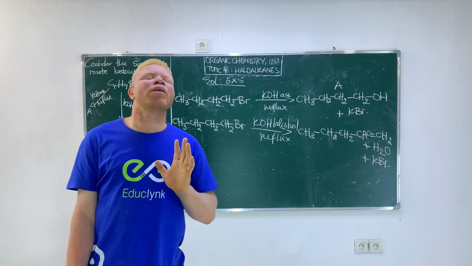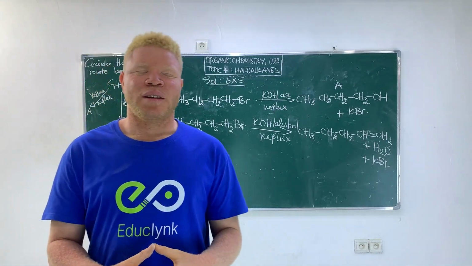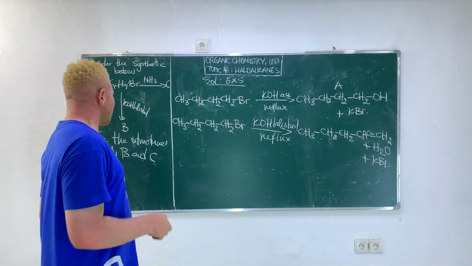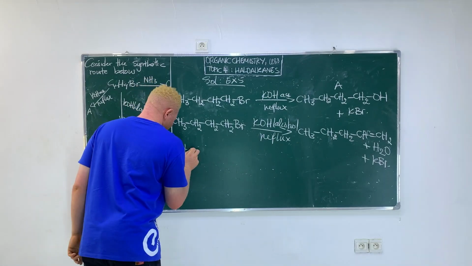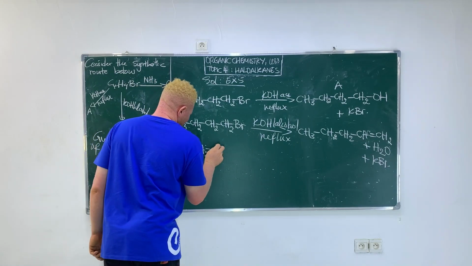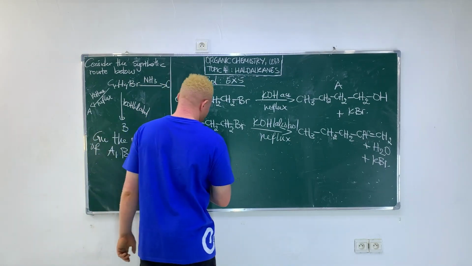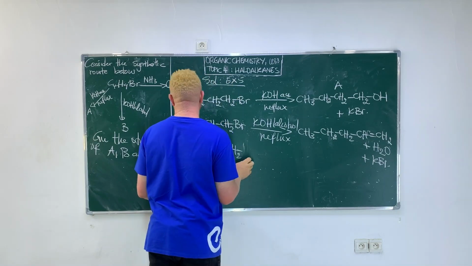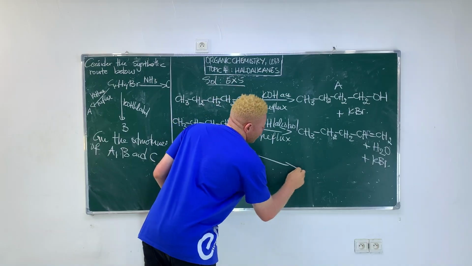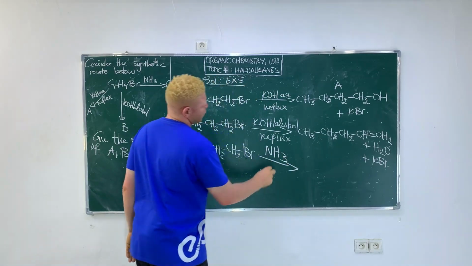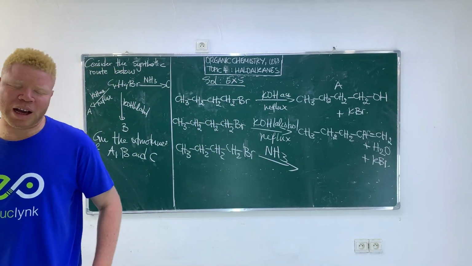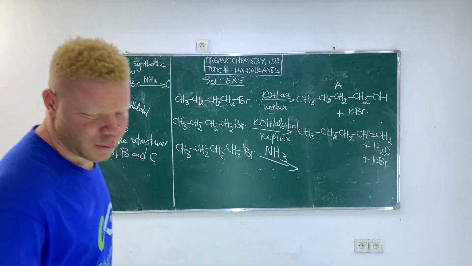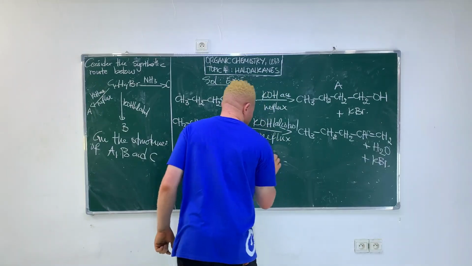So the formation of compound C will have the formation of an amine. CH3CH2CH2CH2Br, here let me put the ammonia, sorry, not amino yet. So my line is not so straight.